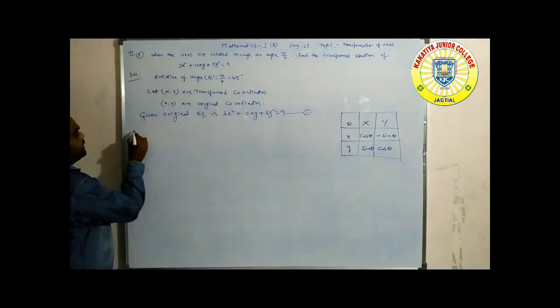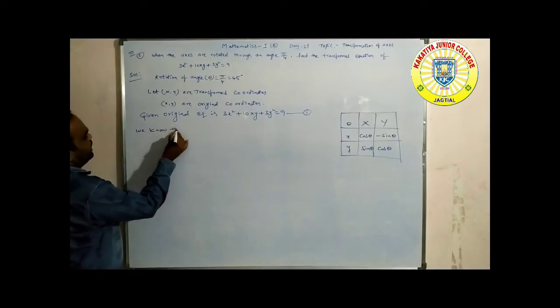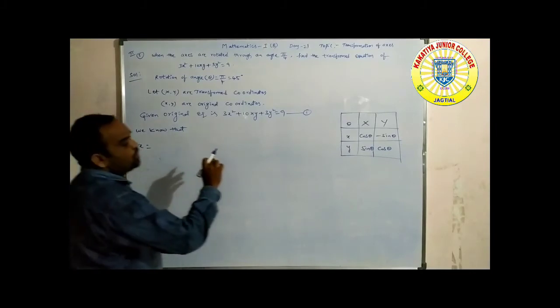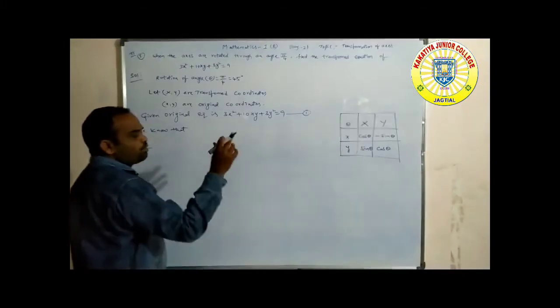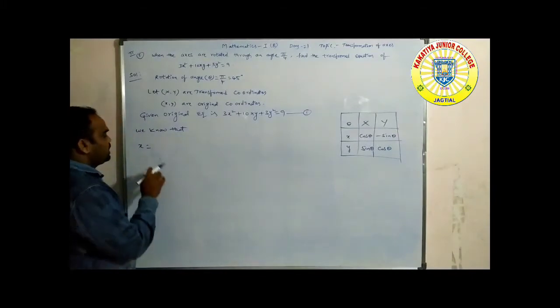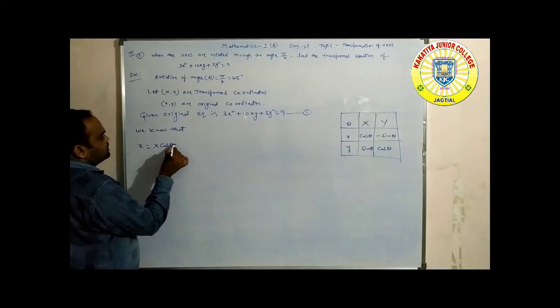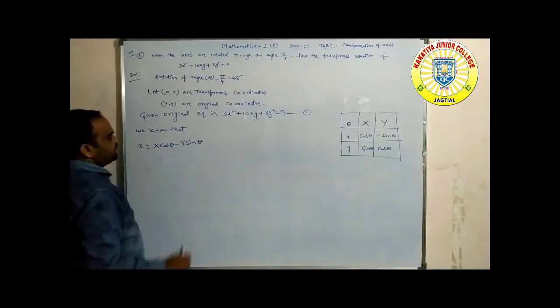Okay na? Here we know the relation between the new coordinates and old coordinates. We want small x value, that's why we are taking the horizontal line. We want capital X value, we are taking the vertical line. Small x is equal to capital X cos theta minus capital Y sin theta.